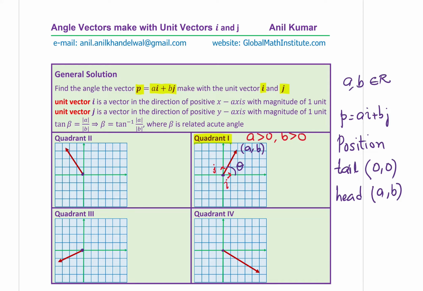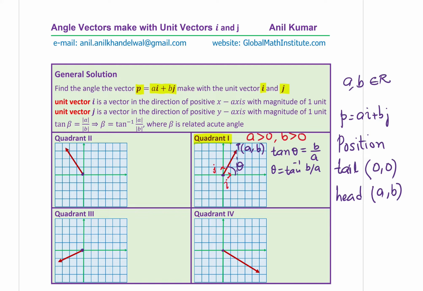Now consider a triangle which can be drawn, dropping a perpendicular from point P to the x-axis. In this case, you can clearly write that tan of theta is equal to b over a, and that means theta is equal to tan inverse of b over a. So that gives you the value of theta.